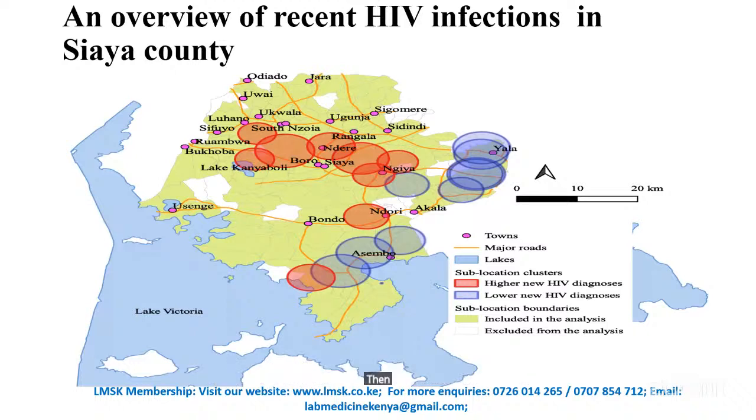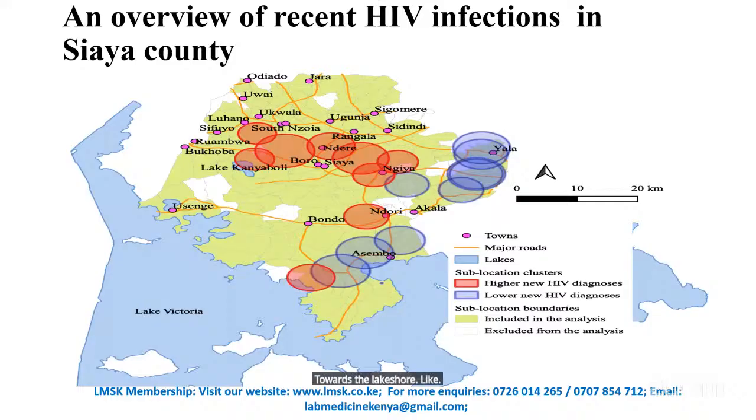Then we have areas also which have lower new HIV infection. So as we can look at the diagram, around southern Nzoia, around Lake Kanyaboli, around Ndere, and around Ndori towards Bondo, we are having higher incidence of HIV. And looking at the geolocations, we can see these areas are more or less towards the lake shore.